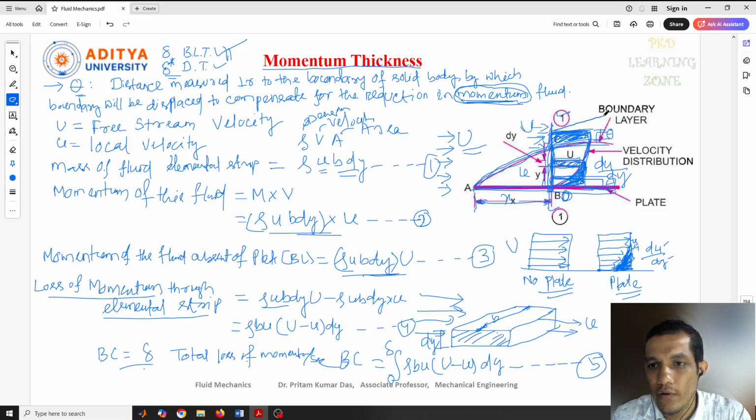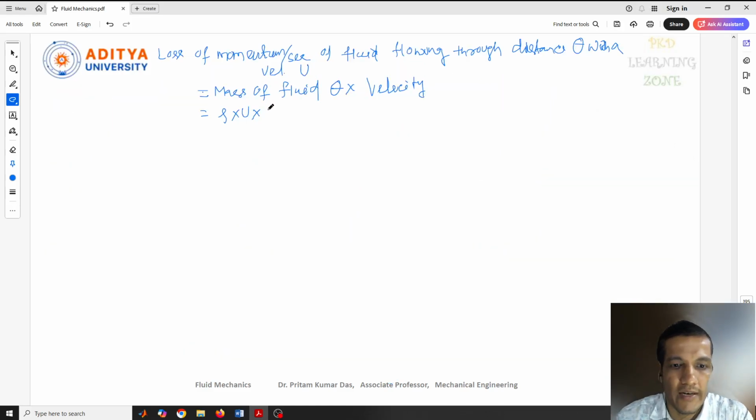If you draw this plate, the width is B. So here also we can write the same thing: rho U theta into width B, on behalf of dy. Now theta, and the velocity is U. If you multiply this, we get the equation rho into theta into B into U square.